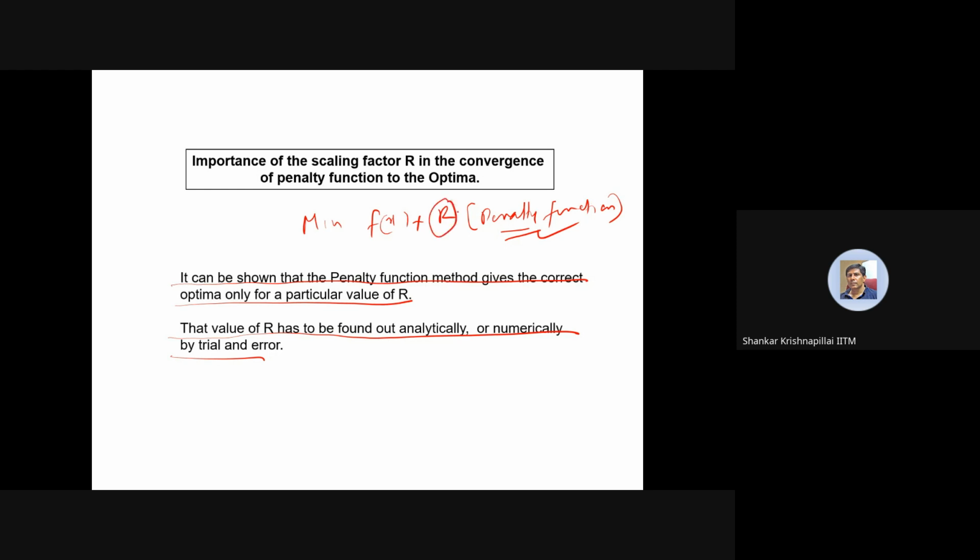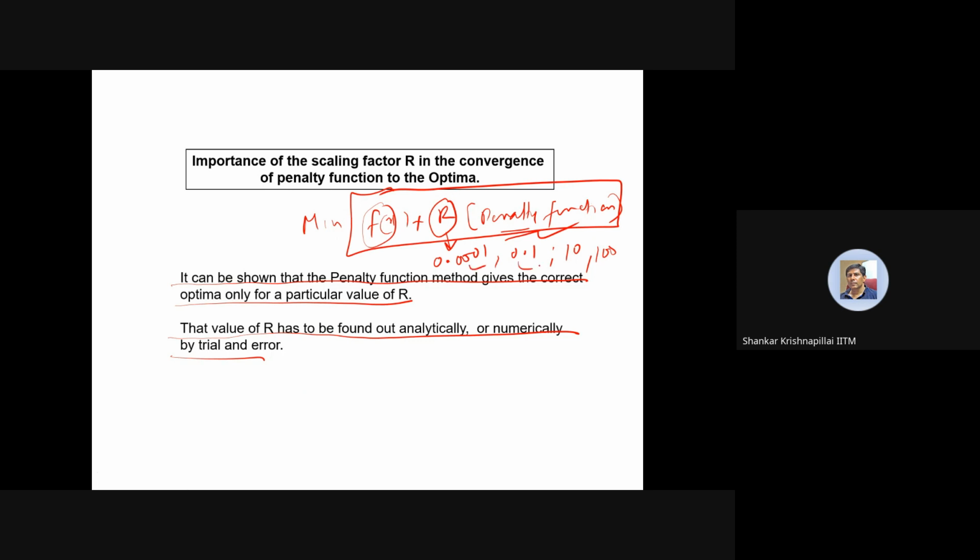So we have not looked at the significance of the value of R. It is found that for a particular optimization problem, and for a particular objective function and constraint equations, only at a particular value of R, like say 0.001 or 0.1 or 10 or 100, will this converge to the correct optima as the original problem.